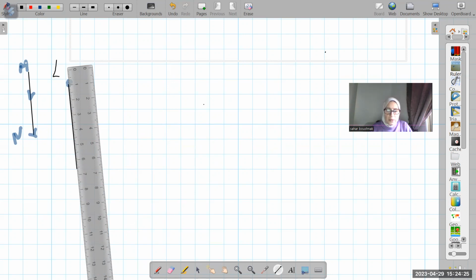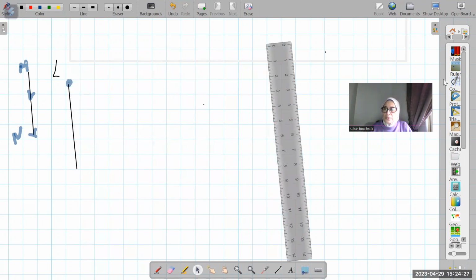Then I will take my compass and open the compass the same distance for MN. And I will take it to the same direction. I will put the metal in L. Then I will draw an arc.